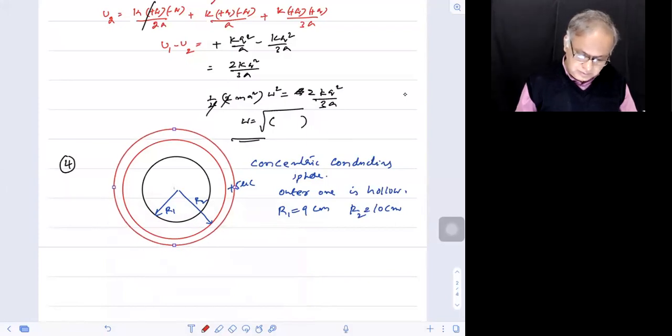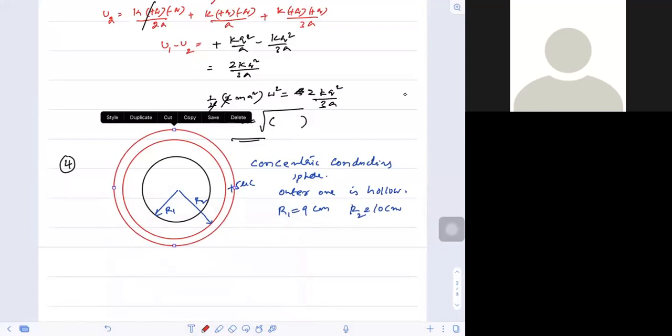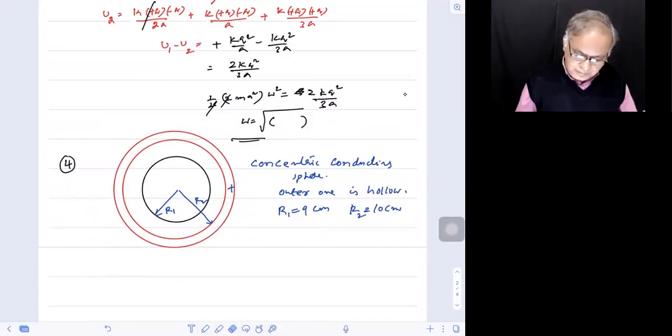Sir, meaning there's a third shell? This has got a total charge of plus 5 microcoulombs.